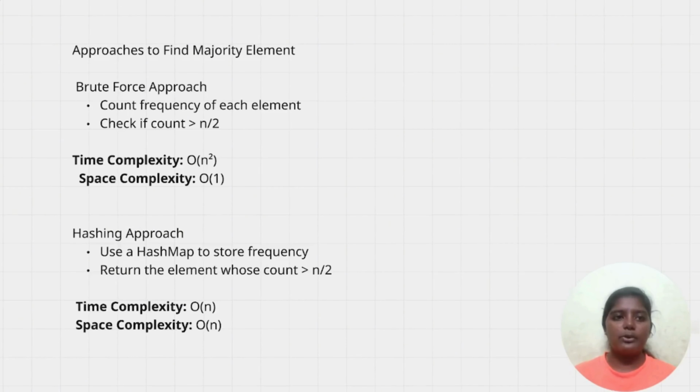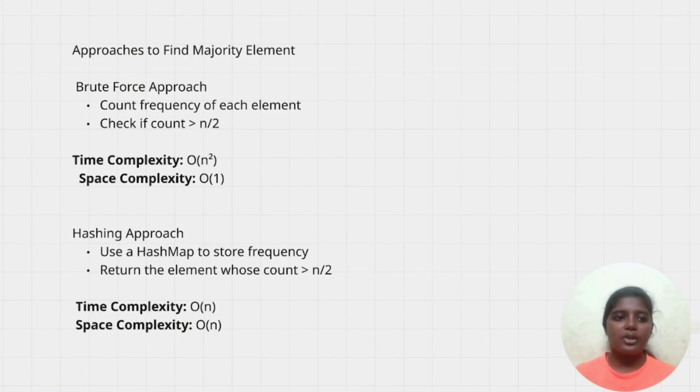Let's see the approaches for finding the majority element. First, the brute force approach. In the brute force approach, we first count the frequency of each element and check whether it is greater than n divided by 2 or not. In an array with n elements, we count each and every element, how many times it is present, and check whether that count is greater than n divided by 2.